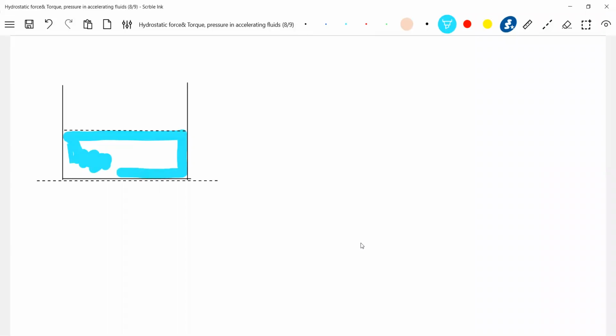So horizontal acceleration will be given to the container. Then we'll see what conditions will arise in this situation.